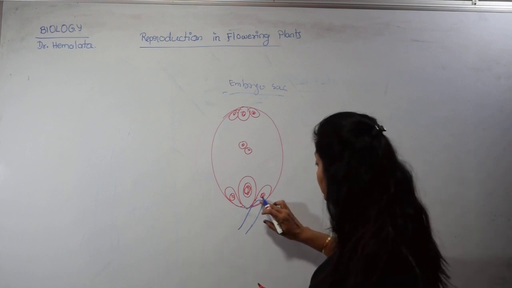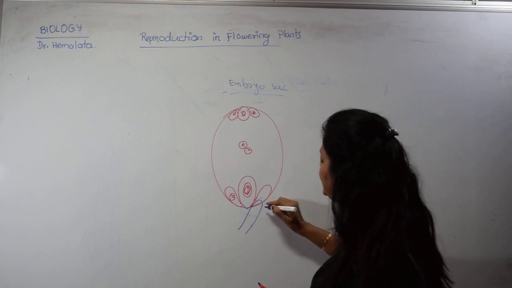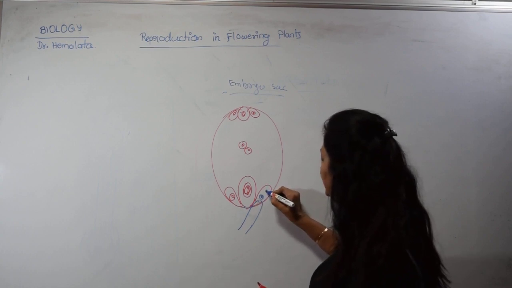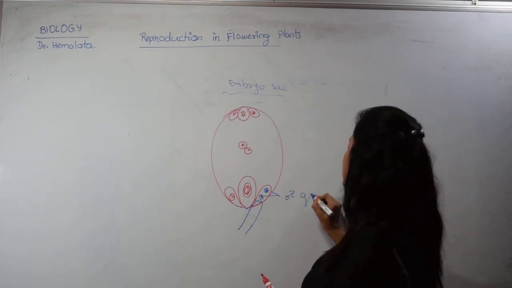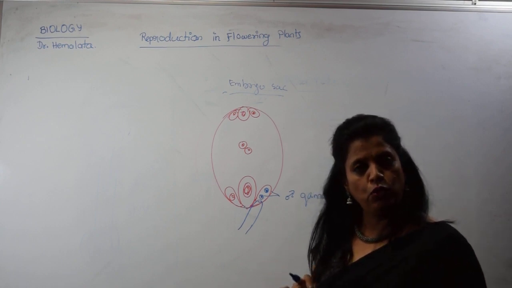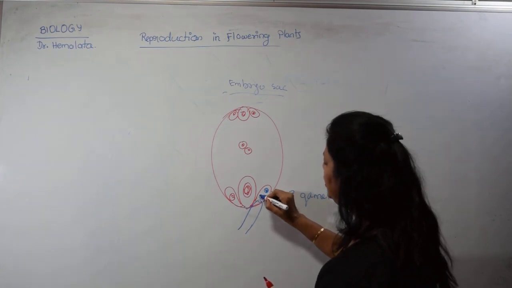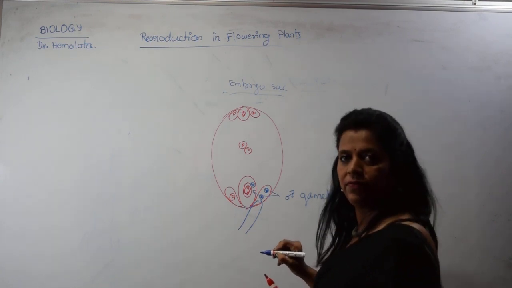Therefore, it will penetrate into the embryo sac and open into the synergid. Here it will open up and release the 2 male gametes. See here. These are the 2 male gametes. Now, among the 2 male gametes, one of them will easily penetrate into the egg, fertilizing the egg.